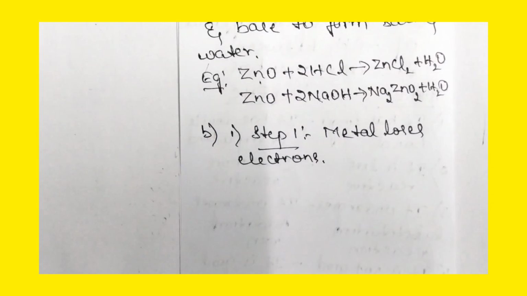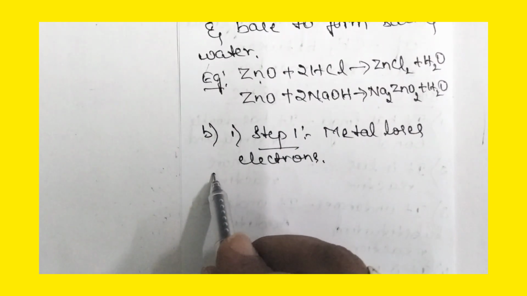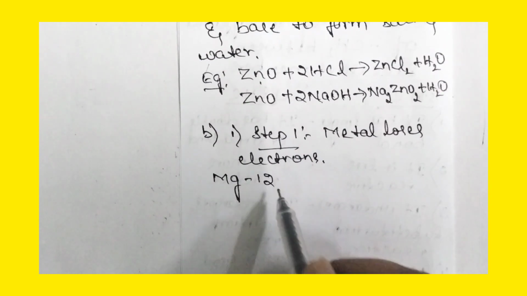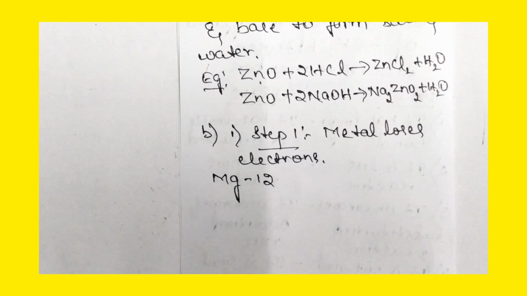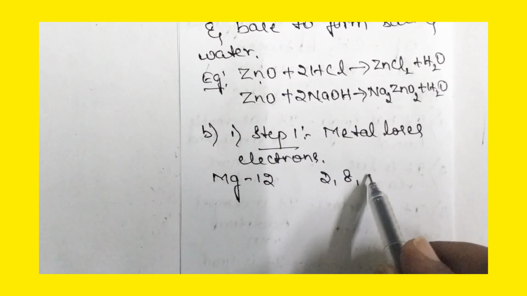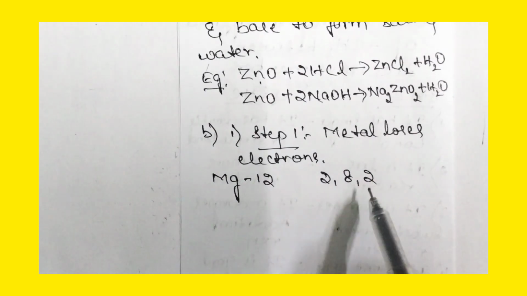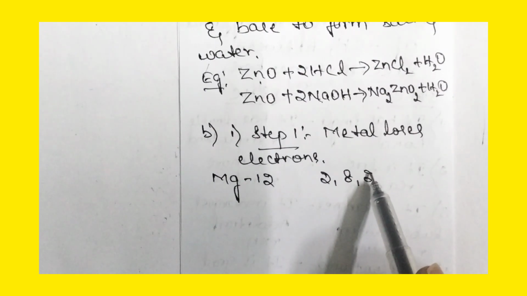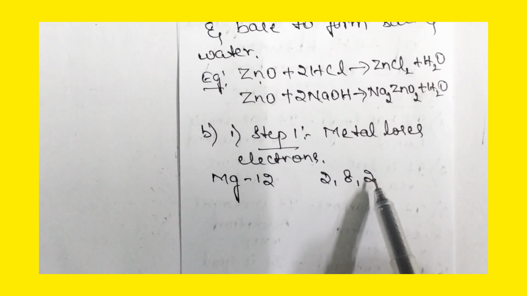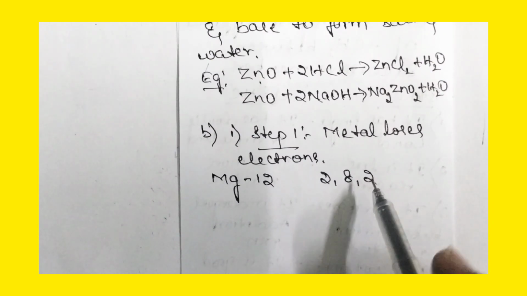We know that in magnesium chloride, the first one is magnesium. Magnesium is the metal, with atomic number 12, so electronic configuration 2, 8, 2. So magnesium valence electron is 2. By losing these valence electrons, magnesium atom will become magnesium ion.